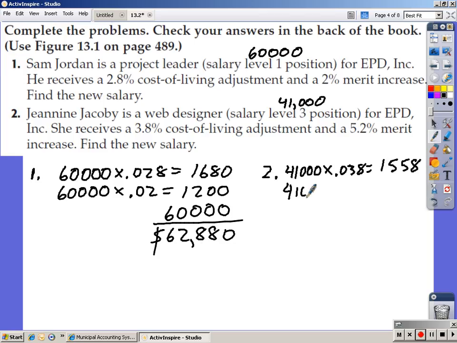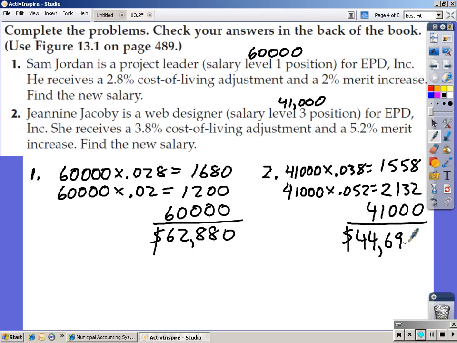Then take the 41,000 times 0.052 for the merit increase. That's $2,132. Add in your original salary of $41,000 and Janine's new salary is $44,690. Not too tough. Pretty easy stuff. All right, let's look at the next example.